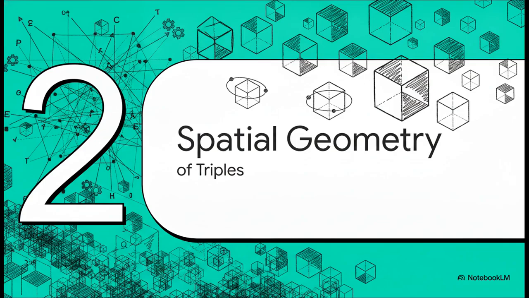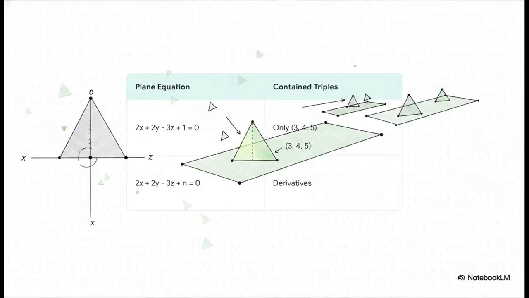Moving right along to Section 2, the spatial geometry of triples. Let's look at the macro level and see how this builds into an incredible 3-dimensional geometric structure. So when we embed these descendant triples as coordinates in a 3D space, R3, they don't just scatter randomly, no way. They reveal this deeply sophisticated, rigid geometric order.